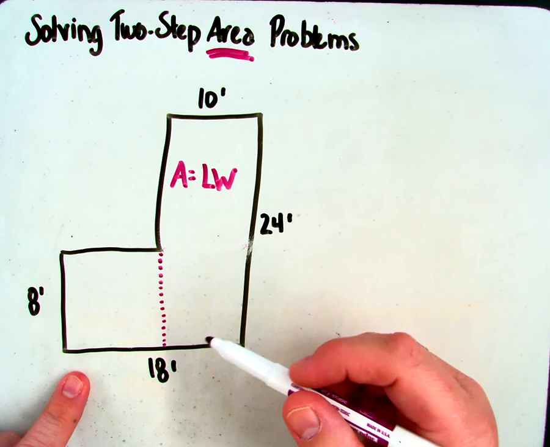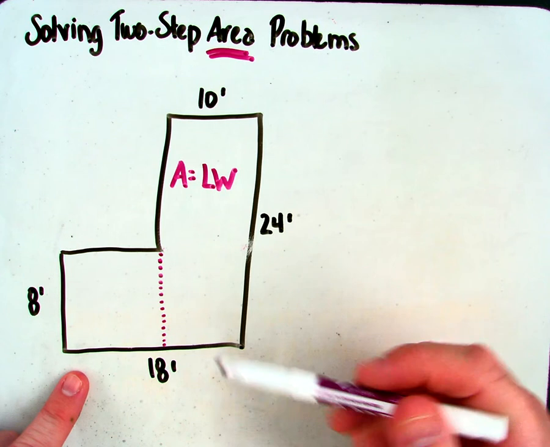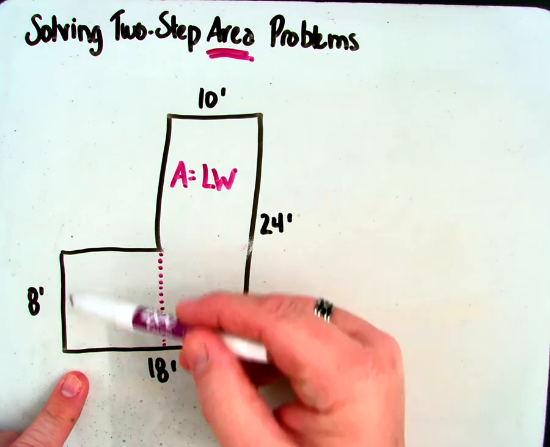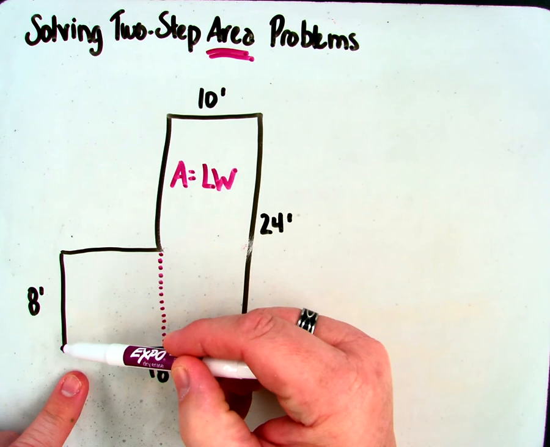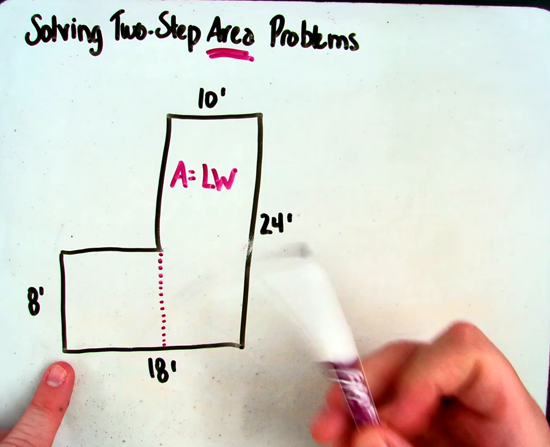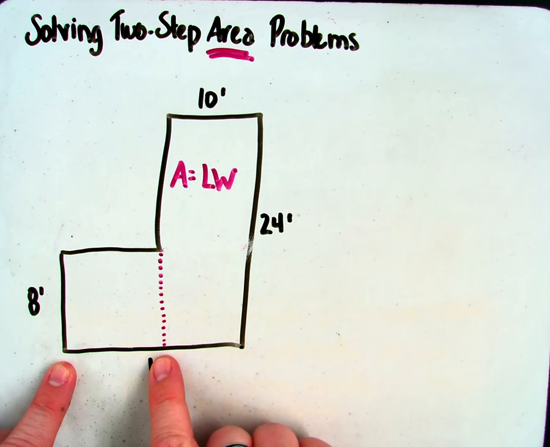But what we're missing is dimensions for our base. Now, we know that this rectangle is 8 feet tall. But how wide is it? Well, if we look, we have a measurement for 18 feet from this point to this point. But we need to know what the dimension is from here to here.